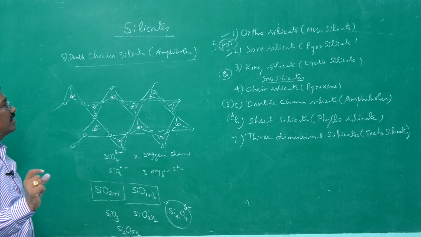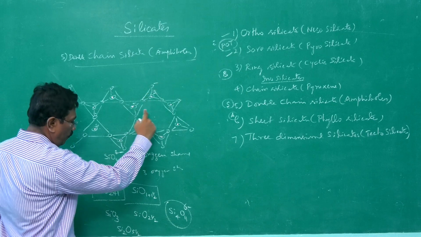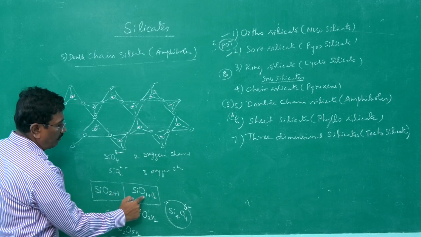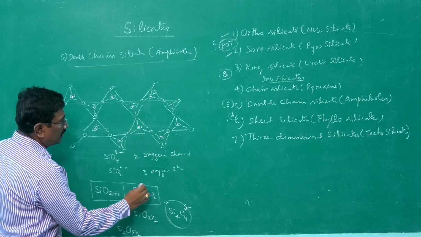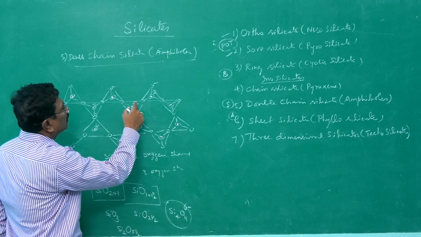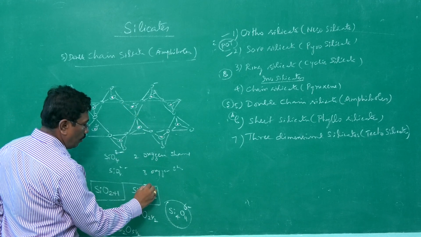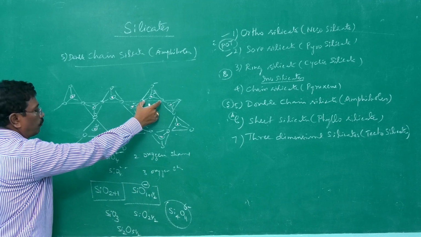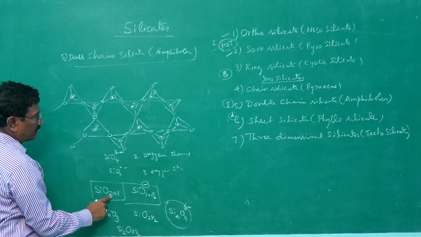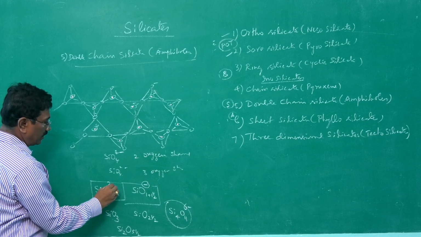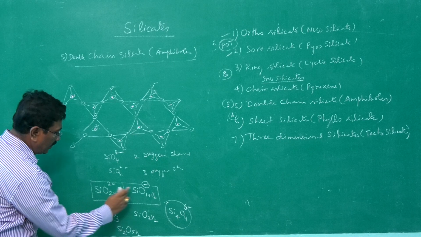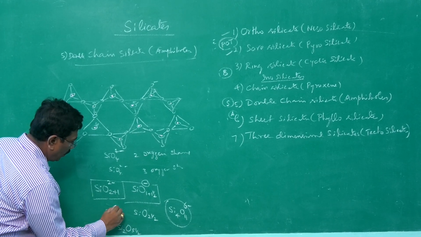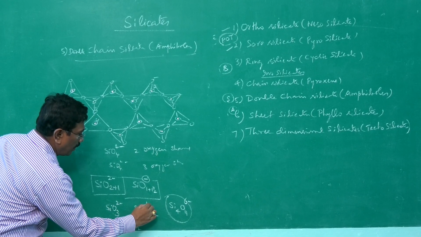Can you imagine and understand? If I go in for this part, where 3 are shared, the charge is only 1, 1 minus. If I go in for this type of SiO4 4 minus, 2 are shared and therefore charge is 2 minus. Total charge Si2, here 2 minus, here 1 minus.